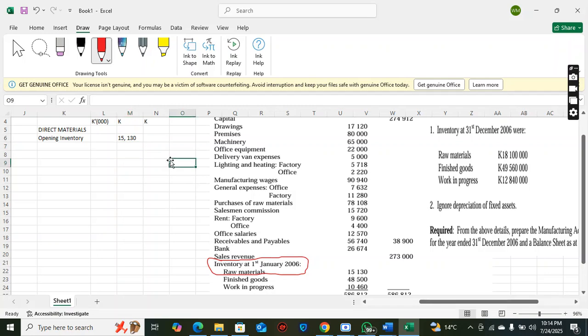Next item. Yes, purchases. So we look for purchases of raw materials, 78,008.